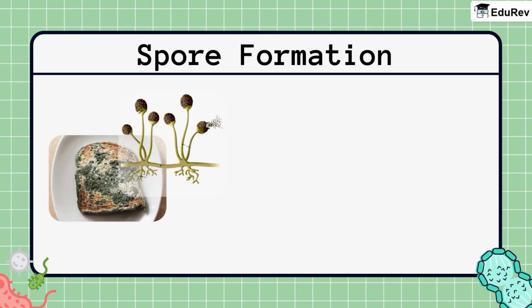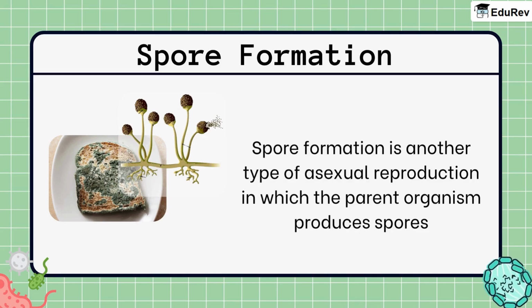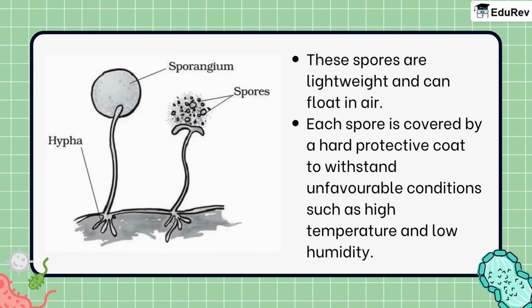Spore formation is another type of asexual reproduction in which the parent organism produces spores. These spores are lightweight and can float in air. Each spore is covered by a hard protective coat to withstand unfavorable conditions such as high temperature and low humidity.